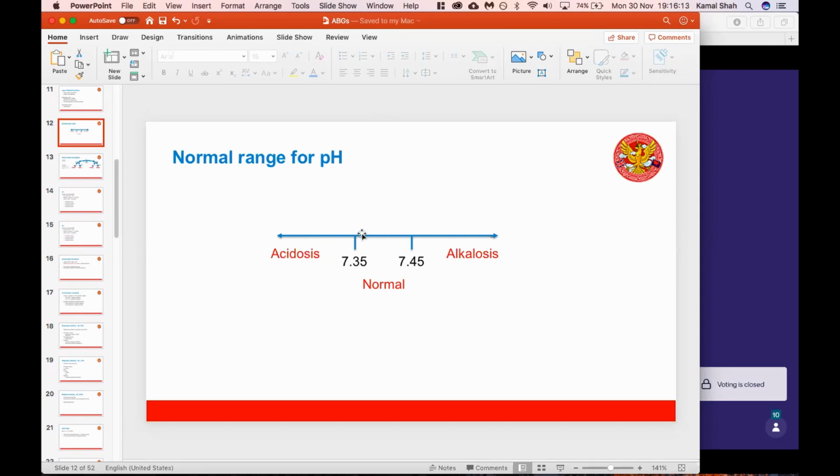If the fully compensated pH is around 7.36, for example, it falls in this normal range, but it's closer to acidosis, so we know that the original abnormality was acidosis. If it's around 7.43 or 7.44, we know it was originally an alkalosis, as it's very, very close to 7.45. I hope that answers the question.